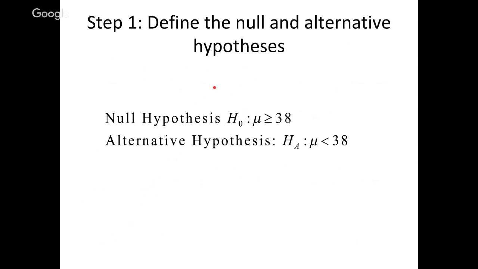So basically, we have a one-sided test that's going to apply. And the reason is that our null hypothesis was really that the population mean is greater than or equal to 38. Now, it's worth talking about that for a second because that problem statement didn't exactly say that, right?